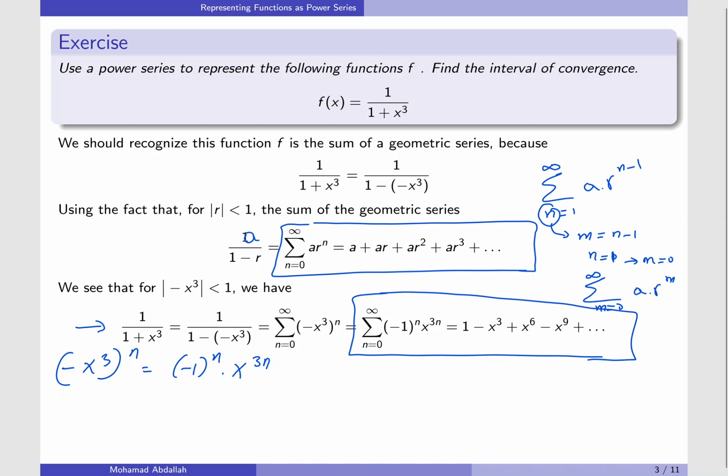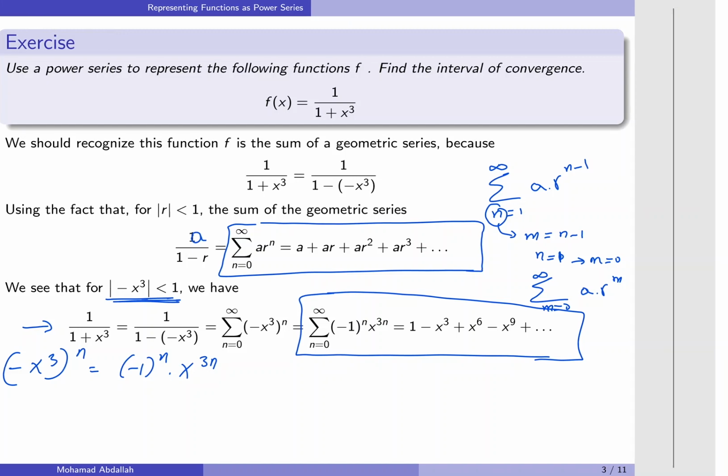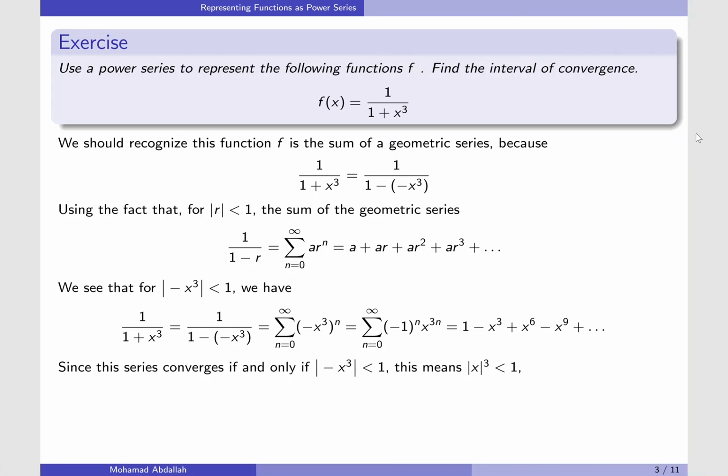But we have to keep in mind, this doesn't work every time. This only works under the following condition: the absolute value of negative x cubed has to be less than 1. What does this mean? This means that when the absolute value of negative x cubed is less than 1, this implies that the absolute value of x cubed is less than 1.